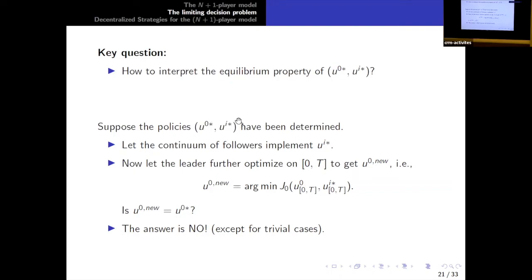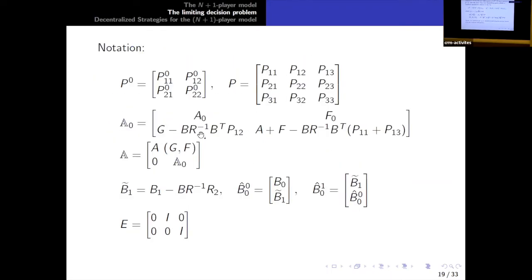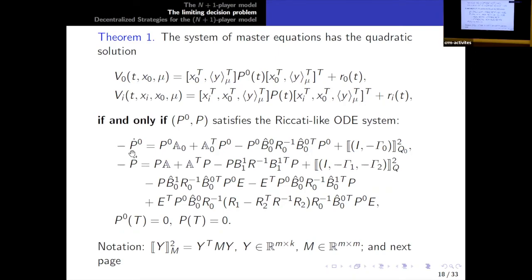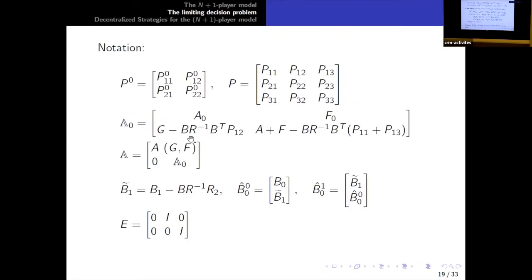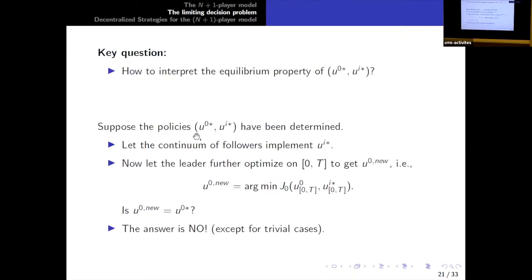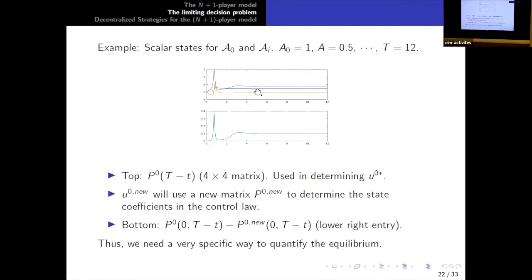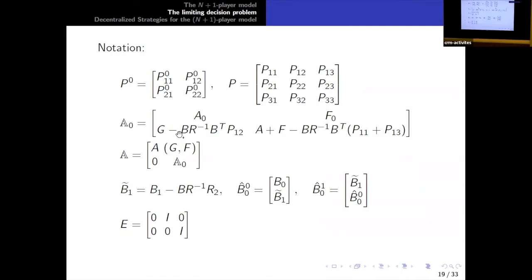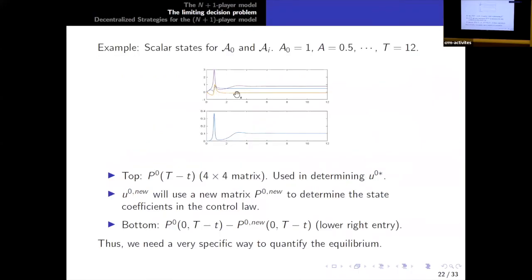In the end we just solve the two Riccati-like ODEs. The top picture is for P_0. For the scalar case, P_0 is just a 2x2 matrix function, so we have the 4 trajectories.